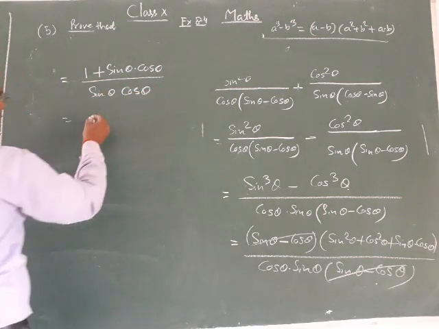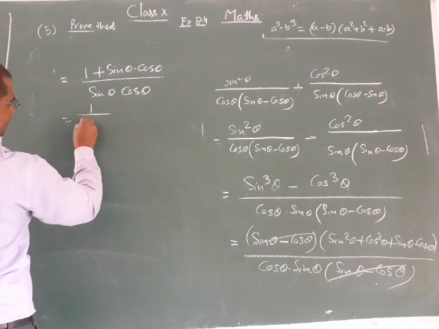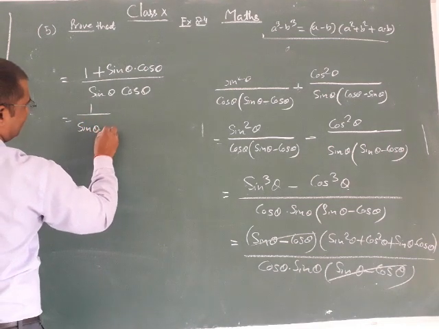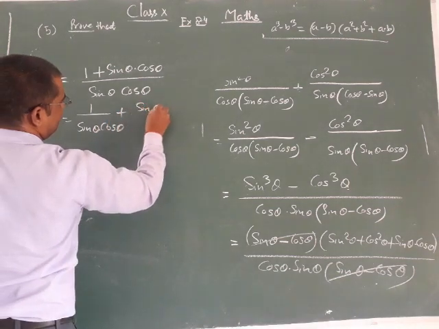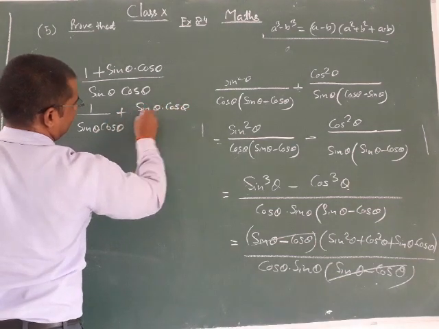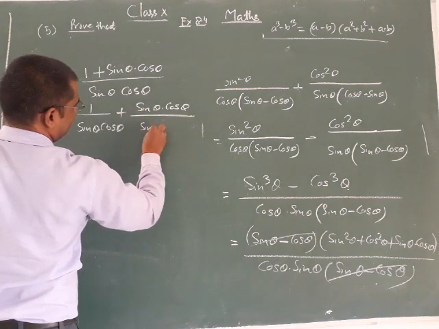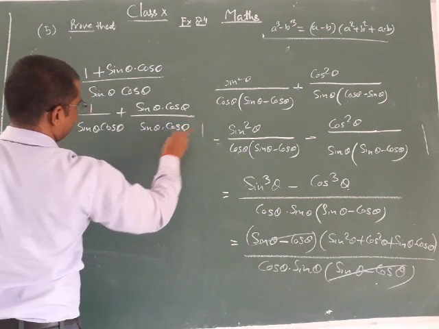So separating, 1 upon sin theta cos theta, and plus sin theta into cos theta upon sin theta into cos theta.